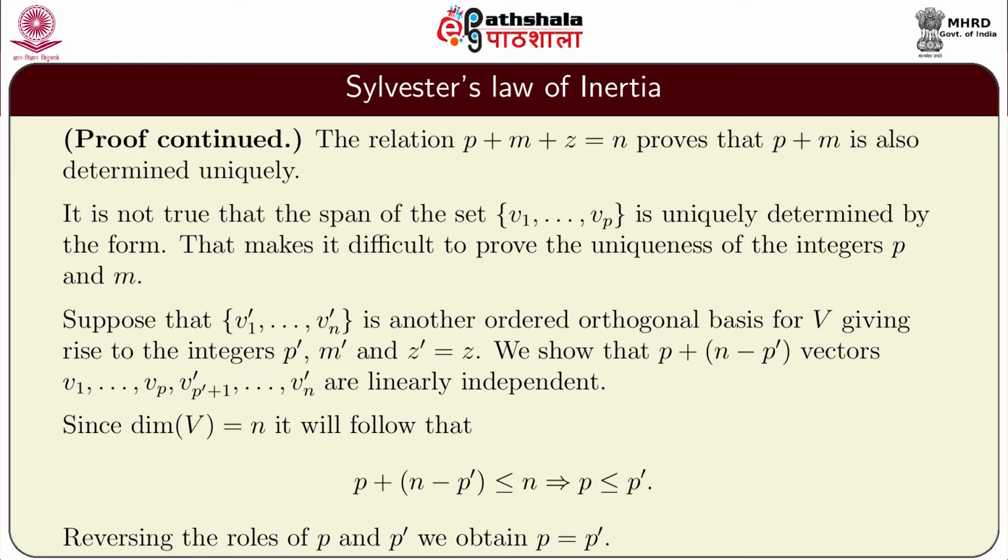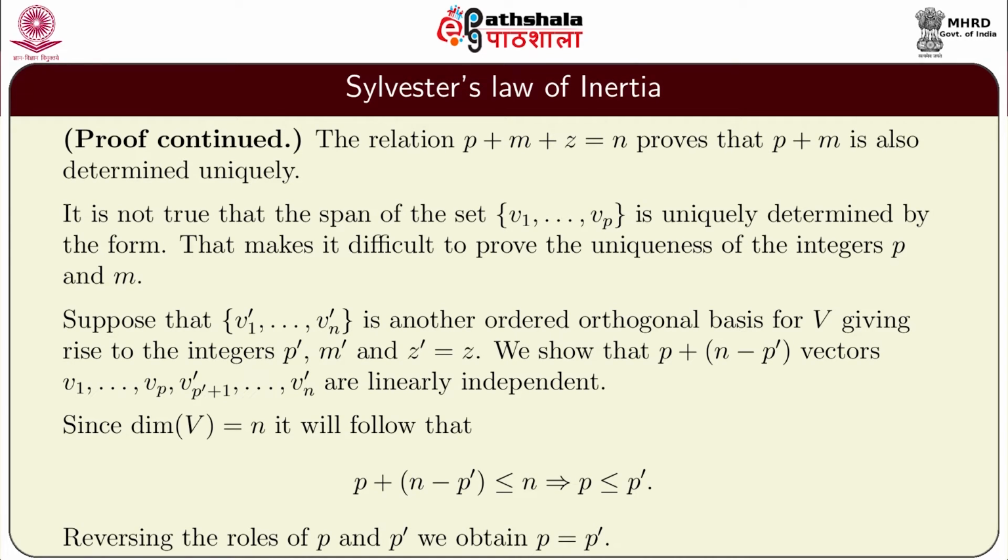And since it is not true that the span of this set of vectors v1 and so on up to vp is uniquely determined by the form, we therefore cannot immediately conclude that the integer p does not depend on the choice of the basis. That makes it difficult to prove the uniqueness of the integers p and m. Let us see how to go about it.